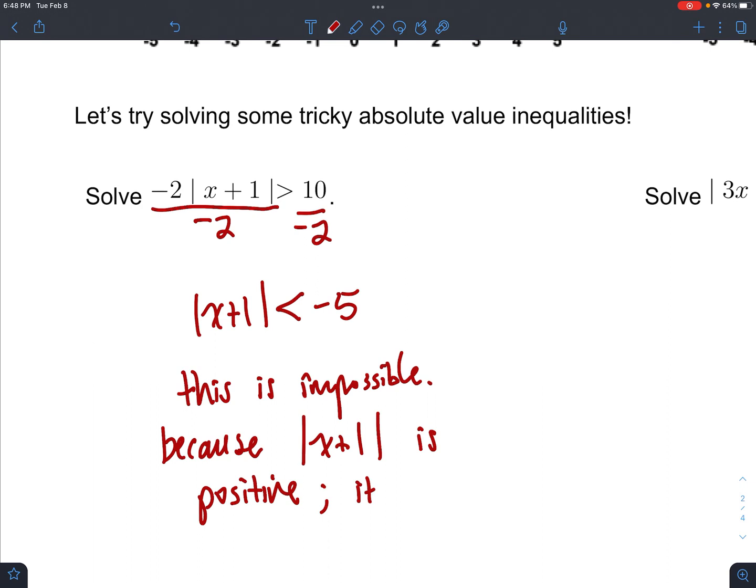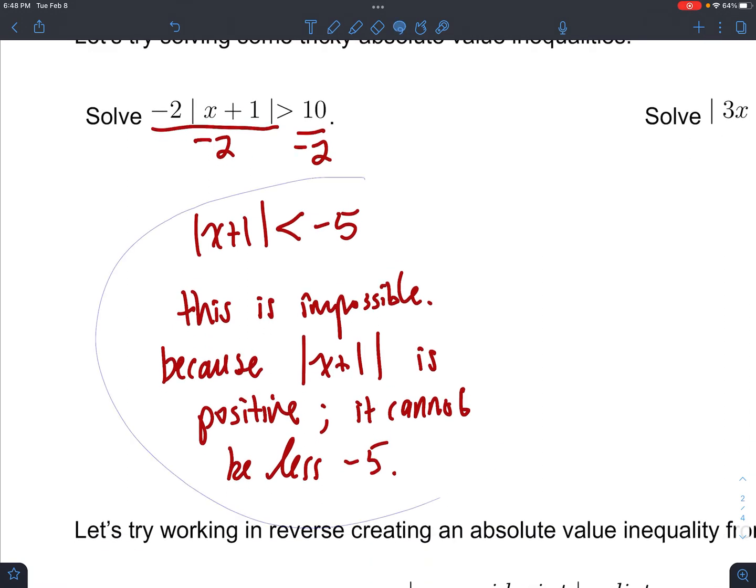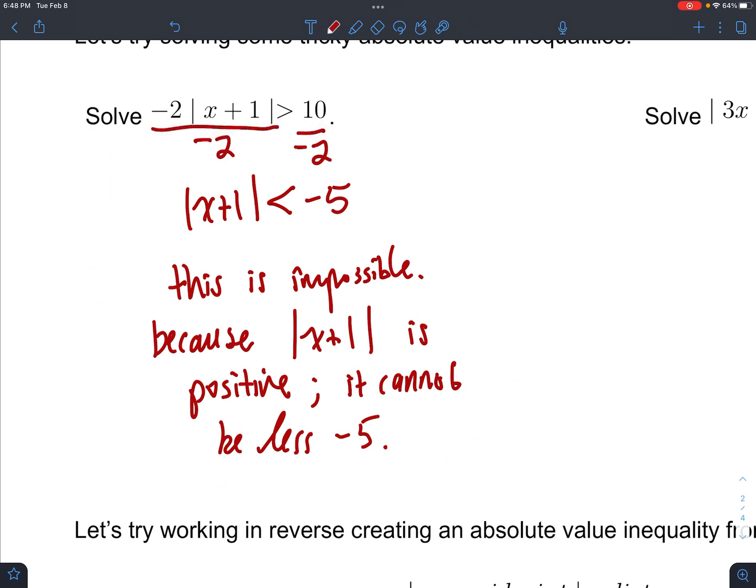Okay? So, because it's positive, it cannot be less than negative 5. Because if you're less than negative 5, you're negative, right? So it doesn't work. So this one is one of our no solution scenarios, because it is impossible.